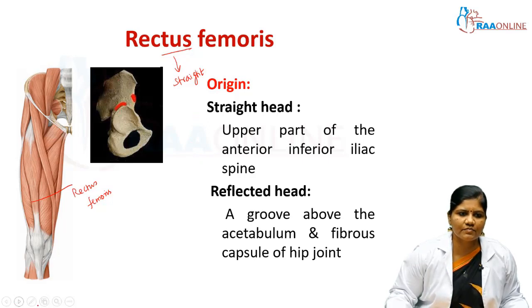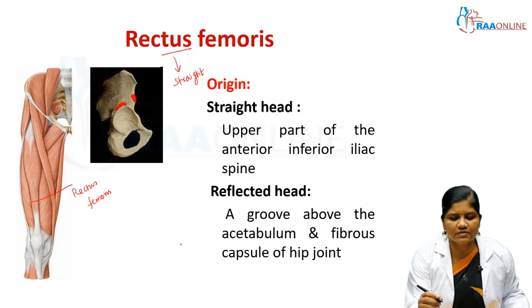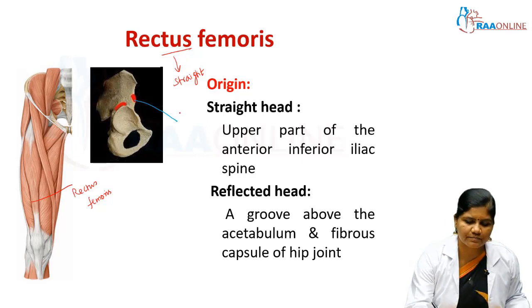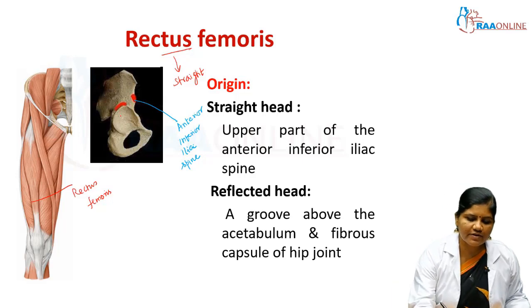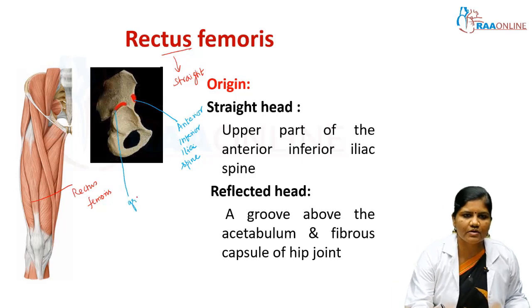The straight head arises from the anterior inferior iliac spine, and the area just underneath it. This is the origin of the straight head of rectus femoris, and the reflected head arises from the groove above the acetabulum.